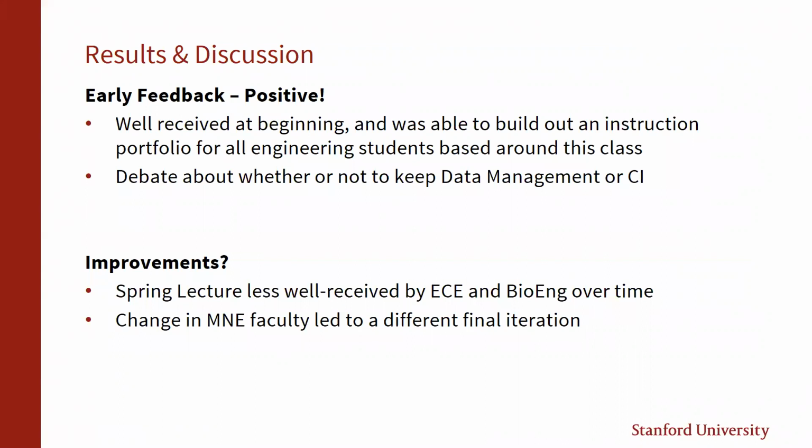There was some debate about whether or not to keep the data management and the competitive intelligence sections in the spring. The electrical engineering and bioengineering faculty approached vendors and suppliers differently than mechanical engineering. A lot of the lab specimens and other biological agents that bioengineering purchased, they purchased through the university through a direct contract.